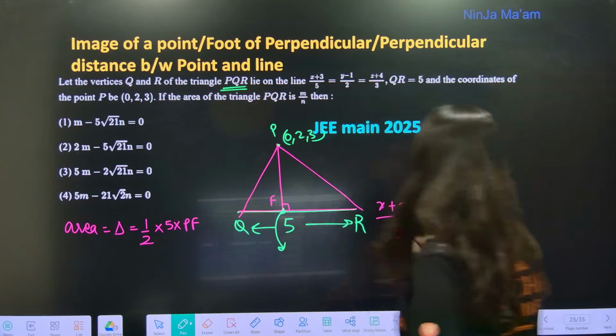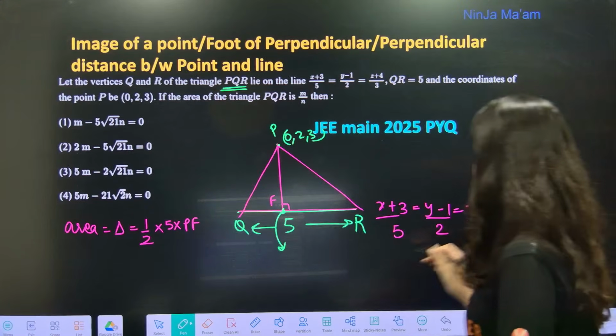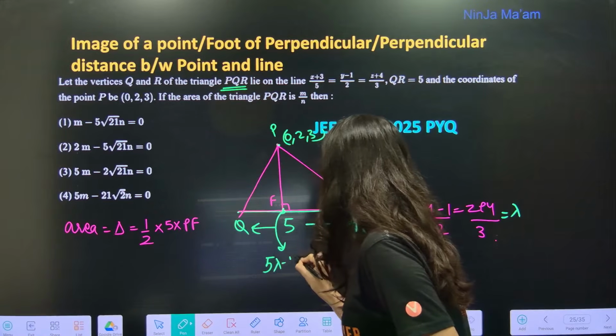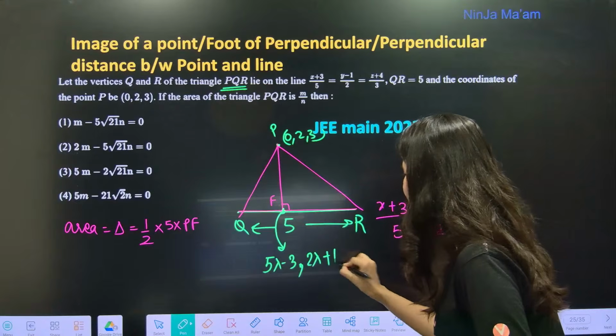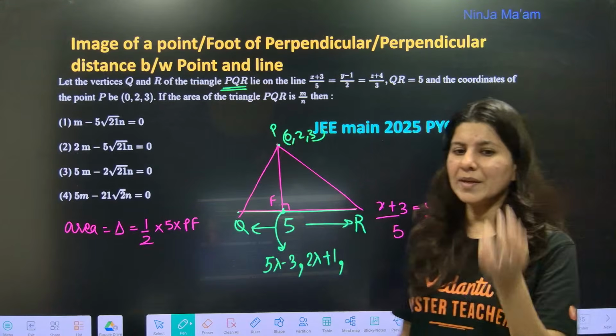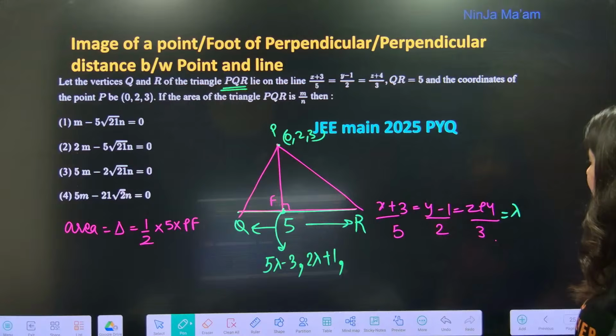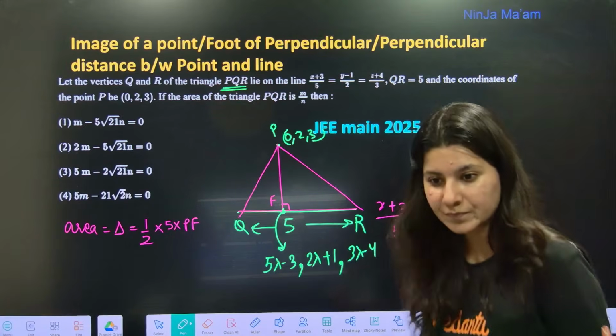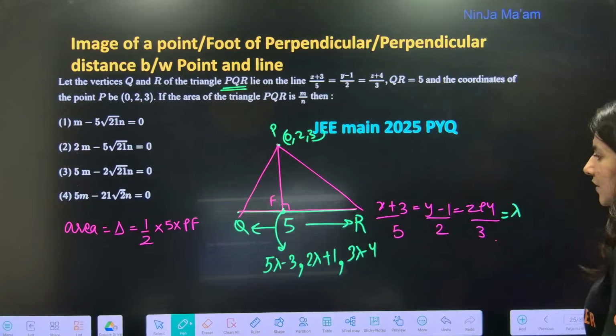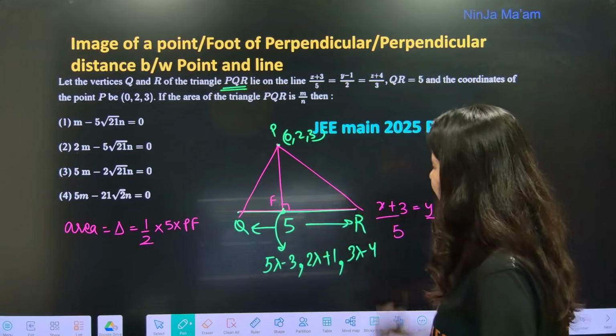Everybody assume F now in terms of lambda. So 5 lambda minus 3 comma 2 lambda plus 1 comma 3 lambda minus 4. Same procedure. Can you see? Do 3 questions. You'll be like, okay ma'am, every question is getting solved by this technique. Okay. Right. So now PF vector, everybody.